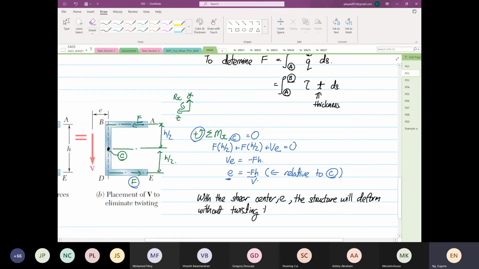Then we can apply the formula where shear stress is equal to VQ over IT. We have to eliminate the twisting.